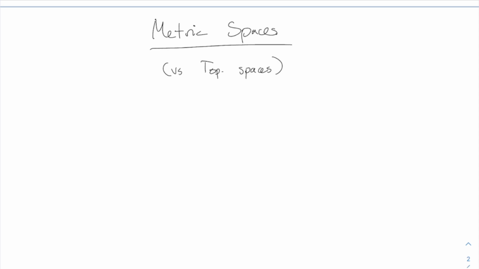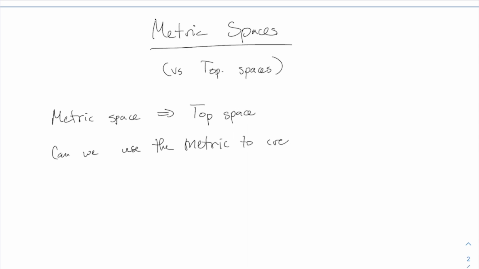And we were sort of in the middle of talking about one of those directions, and that was sort of metric space and converting or turning it into a topological space. That is to say, can we use the metric to create a topology? And the answer is yes.